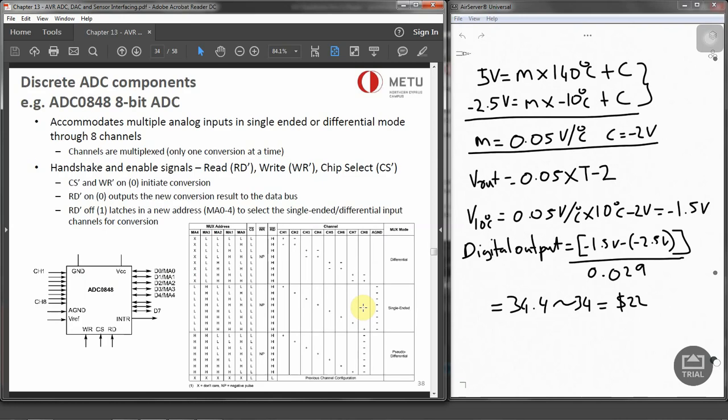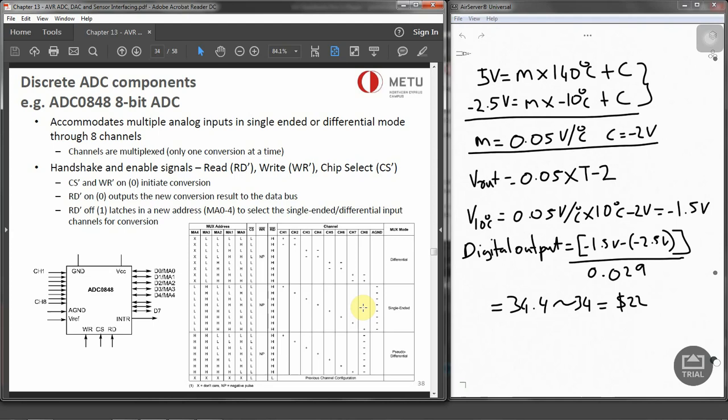And another important thing that we can go through is the discrete ADC components. So sometimes in embedded systems, the microcontroller that we are using is not providing efficient analog to digital conversion, or maybe not providing it at all. So we can use discrete components and connect them to our microcontrollers.